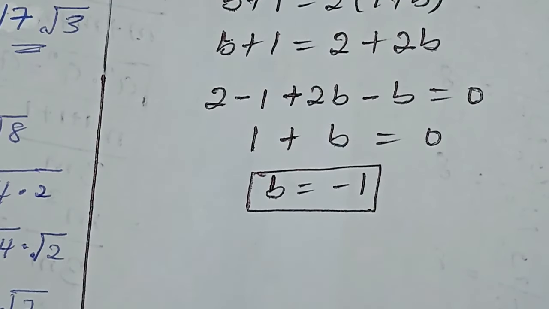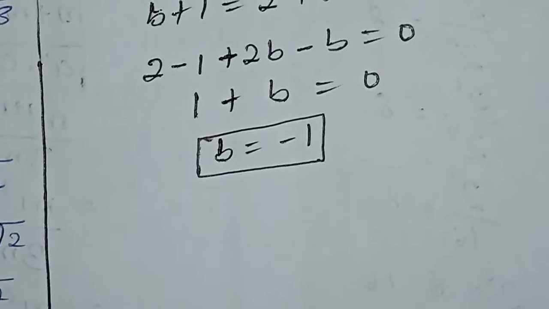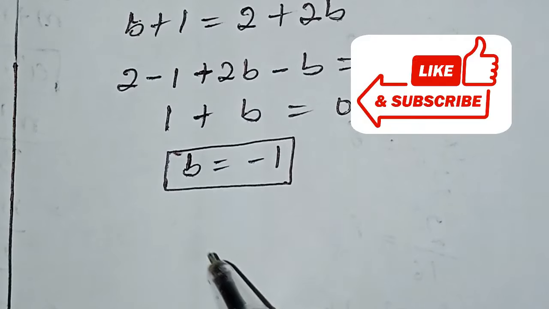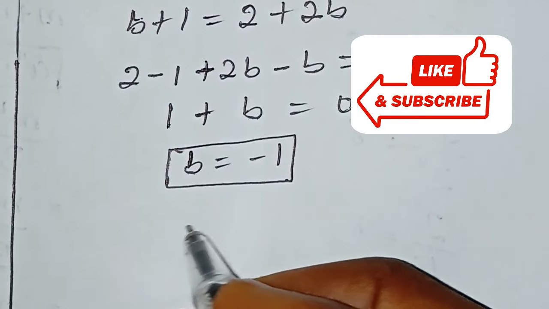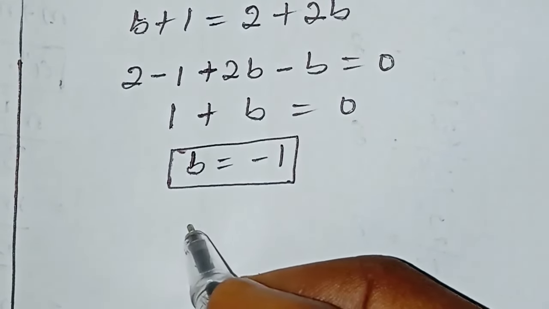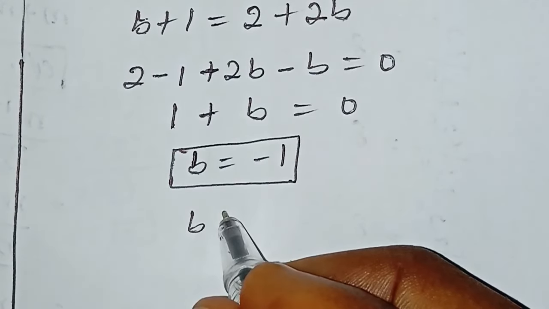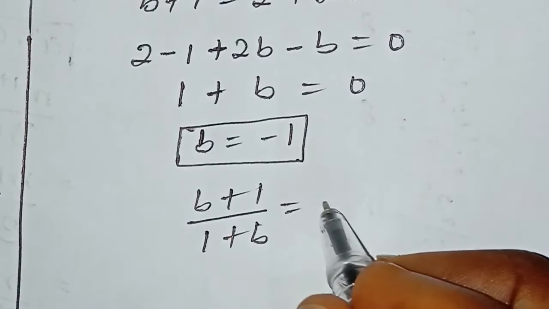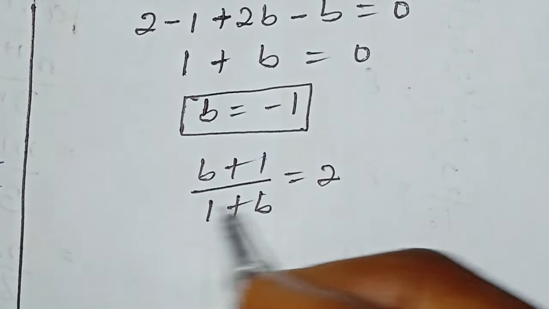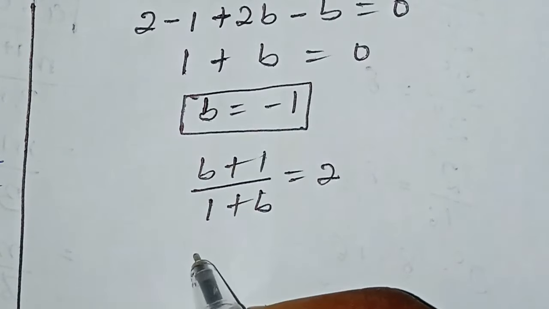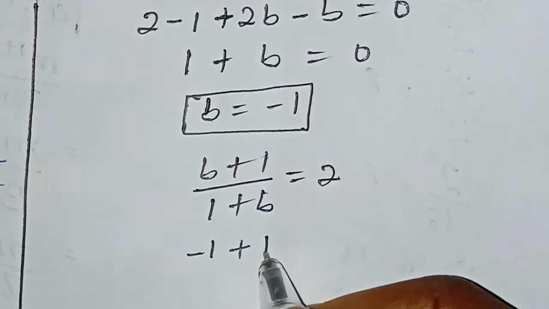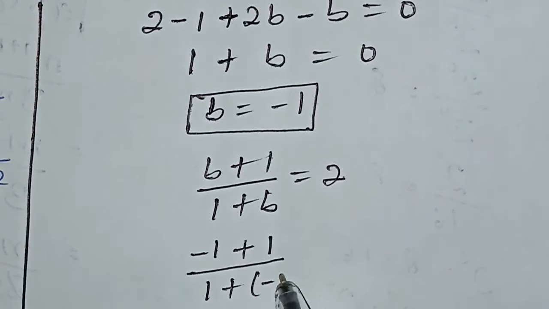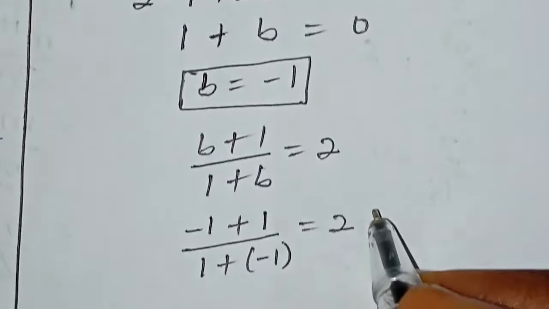Then from this method we can check if the value satisfies the earlier given question. So we substitute the value of b into (b + 1) over (1 + b) equal to 2. For b equals minus 1, we have (minus 1 plus 1) over (1 plus minus 1) equal to 2.